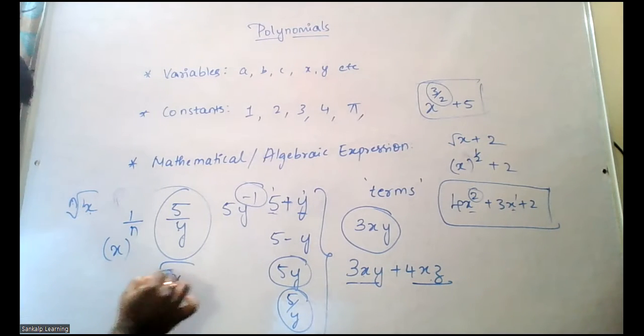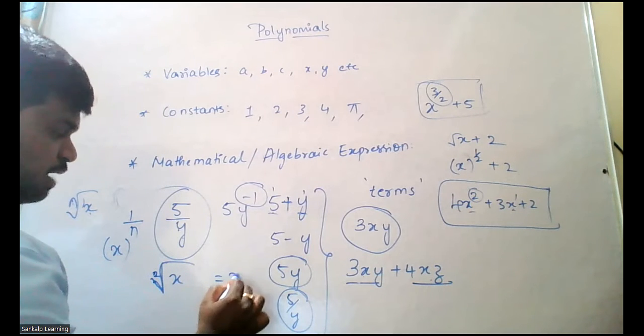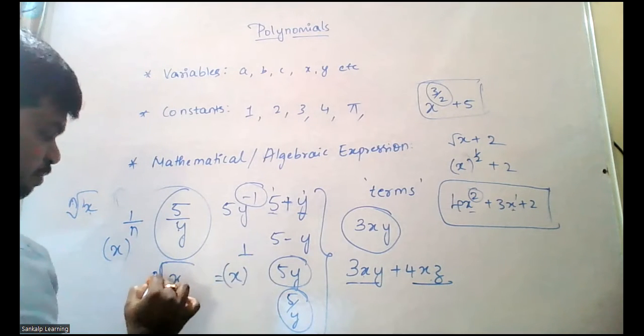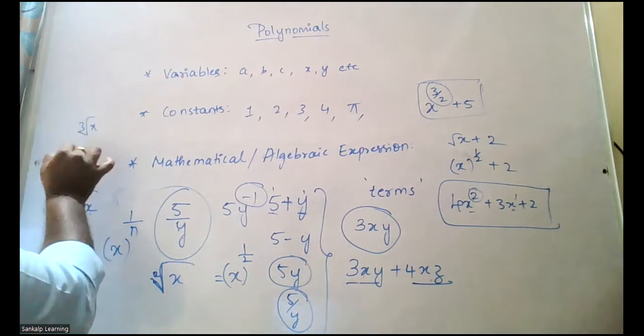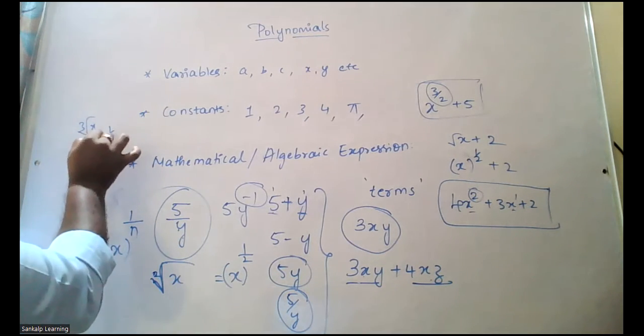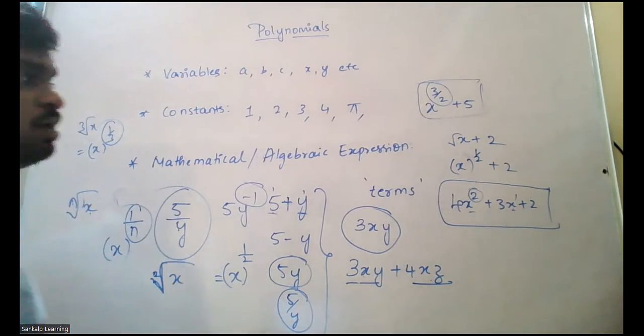If it is the square root of x, if there is nothing inside this hook type here, we consider it to be 2. Therefore, root x can be written as x to the power of 1 divided by the order 2. If it is the cube root of x, we write it as x to the power of 1 divided by 3.